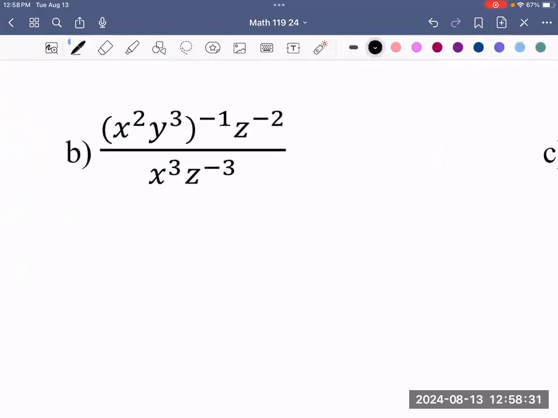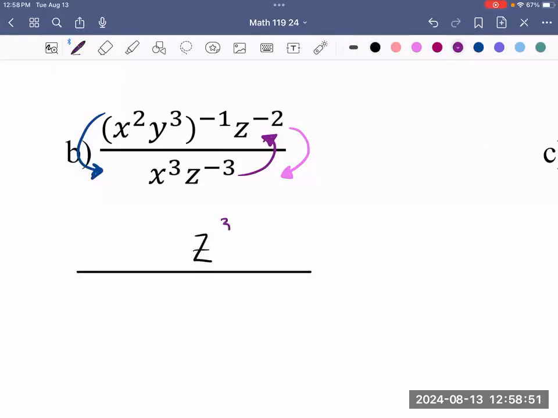All right, so we got a bunch of negatives going on. So we are just going to switch these positions just out of good habits. So we brought z to the 3rd above, z squared alone.